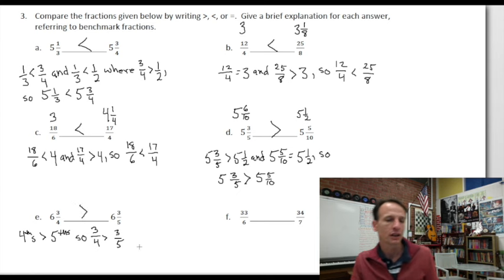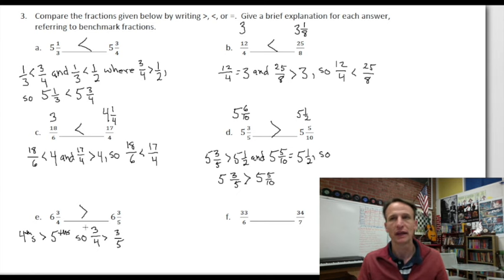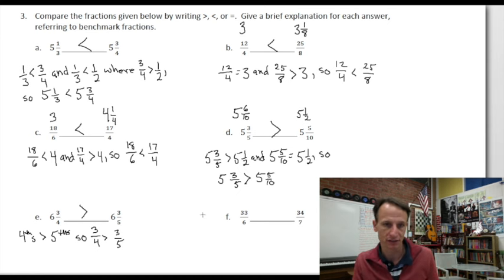All right. If you really wanted to compare this to a benchmark, you could say, well, 6 3/4 is closer to 7 than 6 3/5. So if you want to add that in, feel free and fulfill the objective of referring to a benchmark fraction. Go for it.